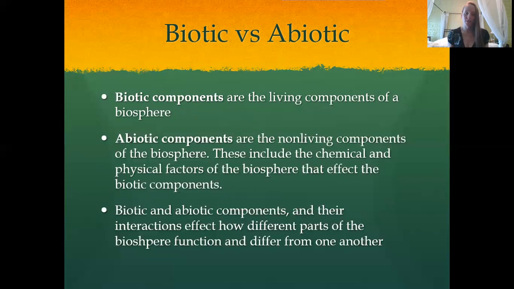And those will have a large impact on the biotic factors. So it can include things like the pH of the soil, or the amount of water in it, or the type of bedrock, all of that kind of stuff. Biotic and abiotic components will interact with one another, which determines the function of that part of the biosphere.